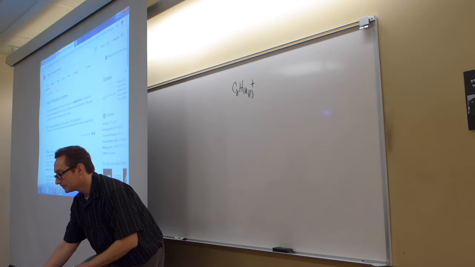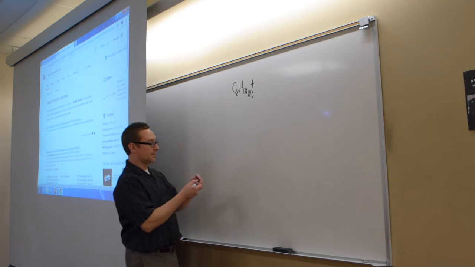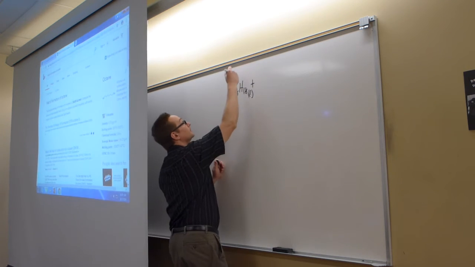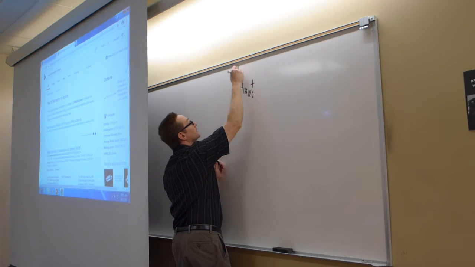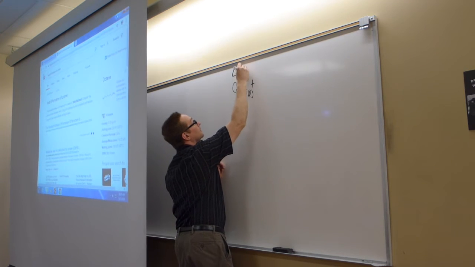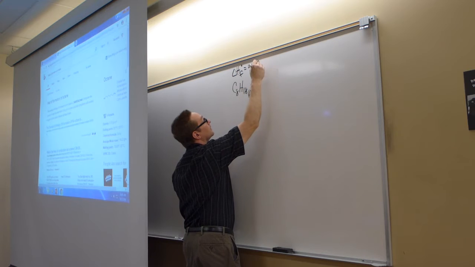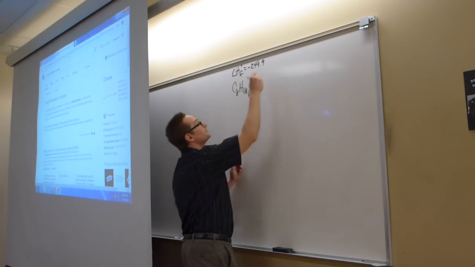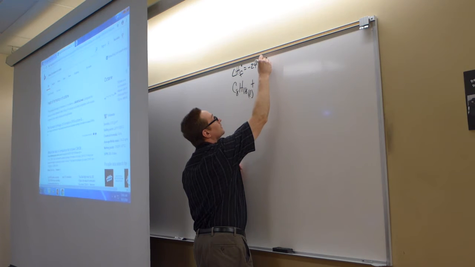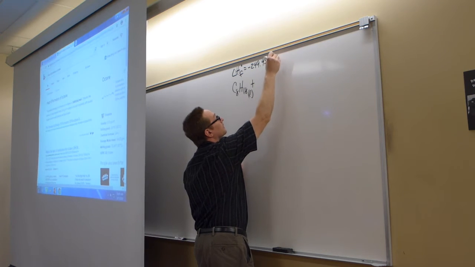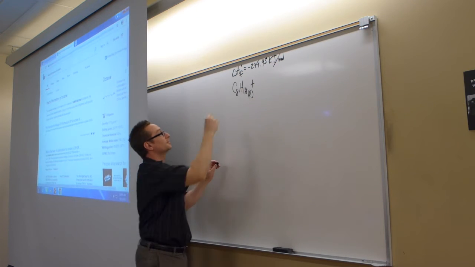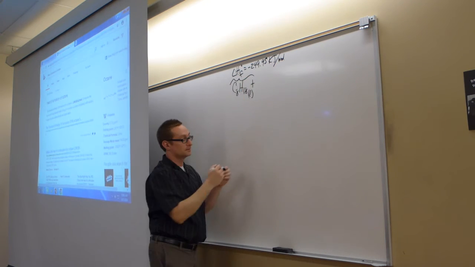All right, so heat of formation for liquid octane is negative 249.95 kilojoules per mole. Okay.